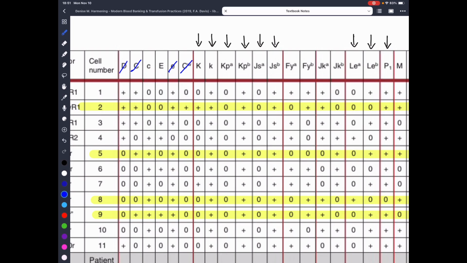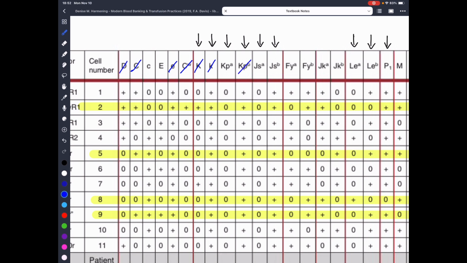And then here is where we get to the ones that we can cross out if it is heterozygous or homozygous. And so essentially we just can't cross it out if they're both 0. So here they're both plus, and so we can cross them out. Here we have KPA, KPB, we have homozygous KPB, so we can cross it out.